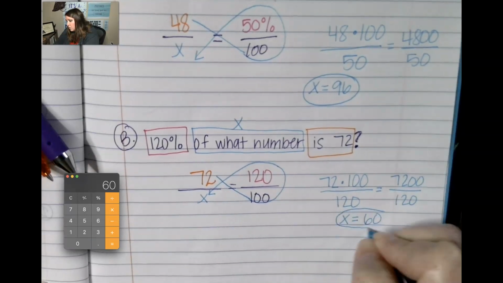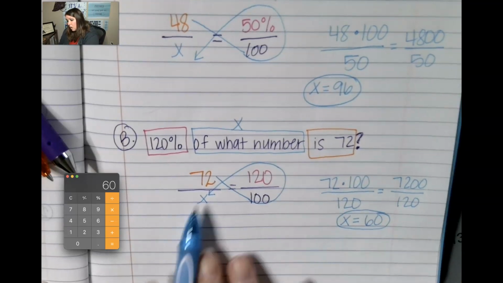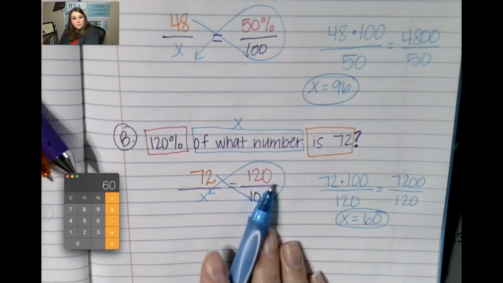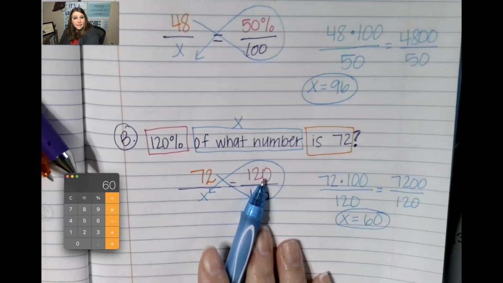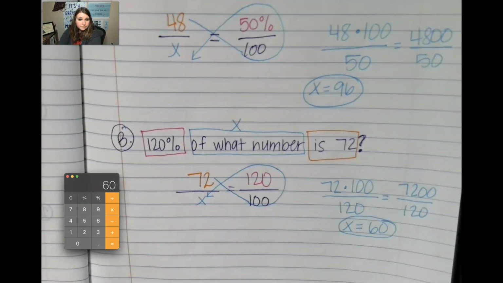So the missing total is 60. Now, this number is smaller this time, and that's because we went over 100%. So we went over 100%. That's why that one's smaller.